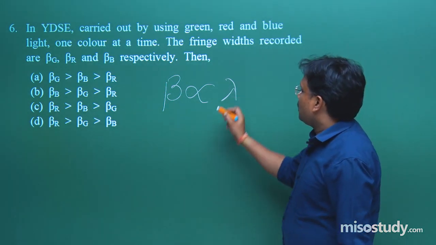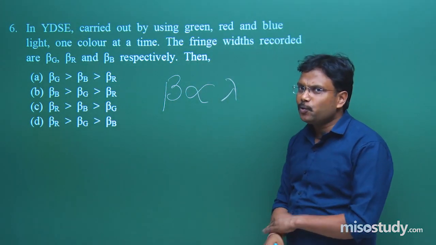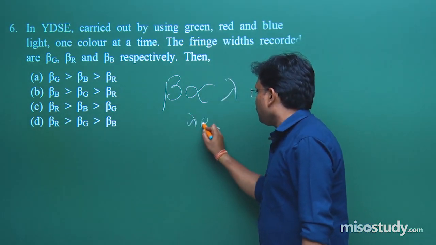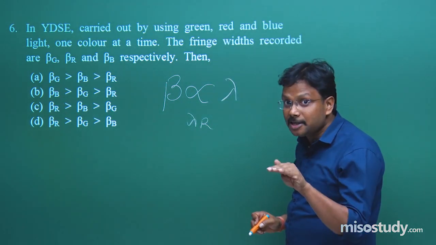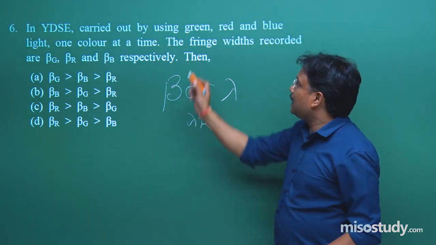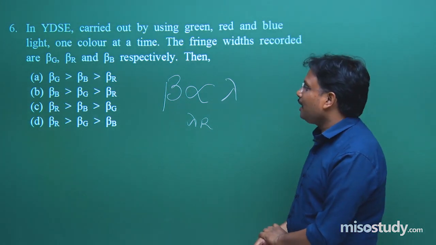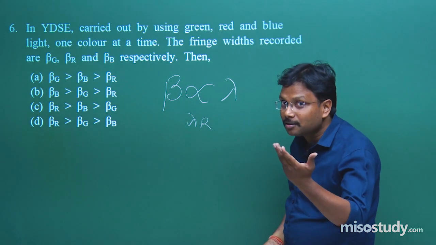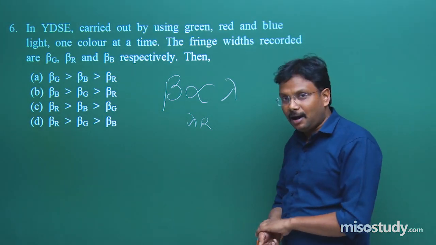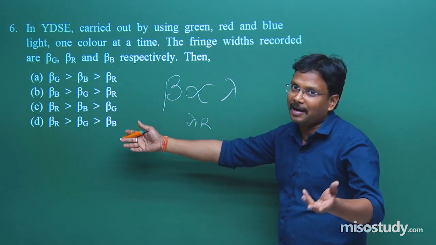Now lambda green, lambda red, lambda blue, which one is the highest value? Red, that is lambda R maximum, lambda blue minimum, and lambda green in between. So beta red is more, then beta green, and then beta blue. So among the options, D1 is the correct option.